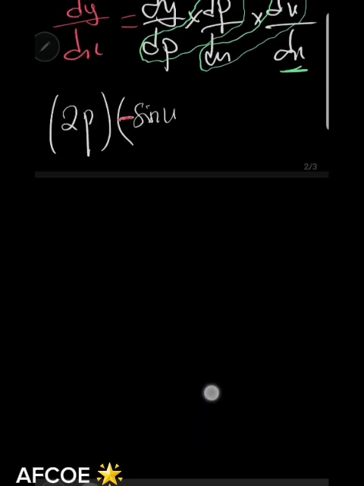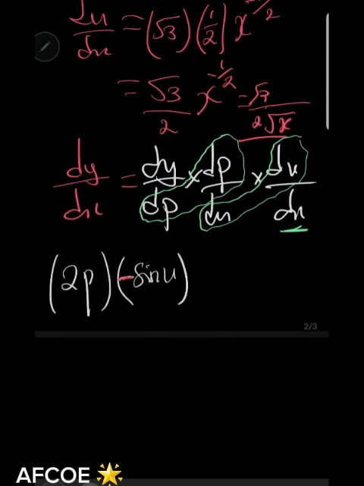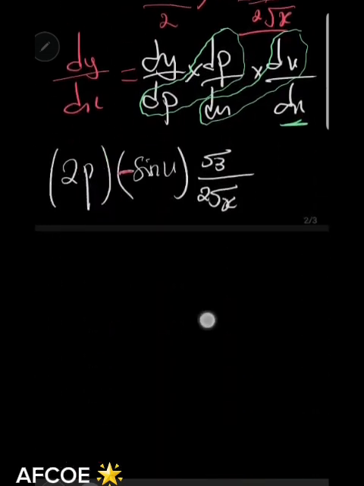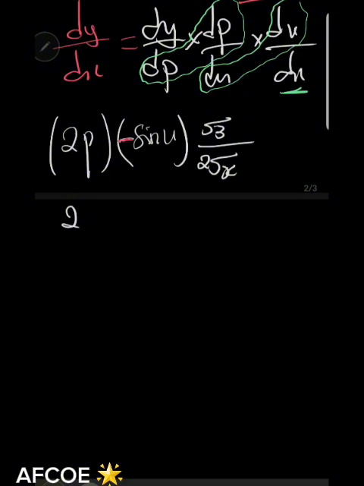So we got the square root of 3 all over 2 square root of x. But now we started with x's, so we have to end with x's, right? So you have to replace your p in terms of x. But what did we say p is? p is cos of the square root of 3x. So we're having 2 cos of the square root of 3x, in brackets.